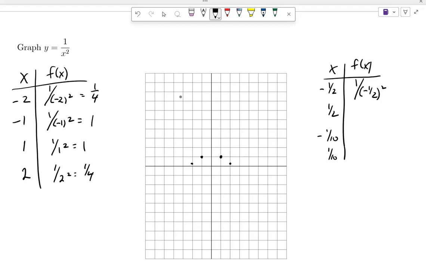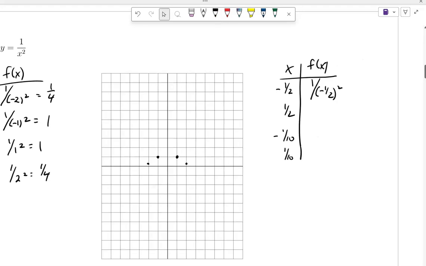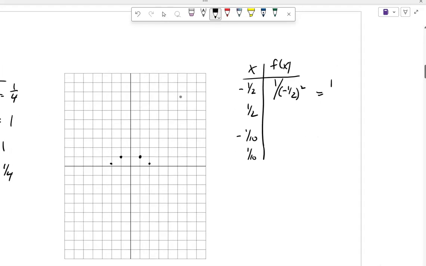If you do 1/4, what do you end up with? I do 1 divided by 1/4. What do you do when you divide by a fraction? You flip it, right? So when I do 1 divided by a fourth, I would have 1 times 4, wouldn't I? So I end up with 4.